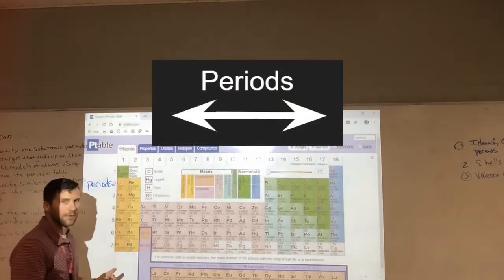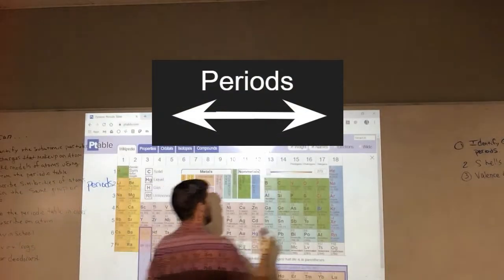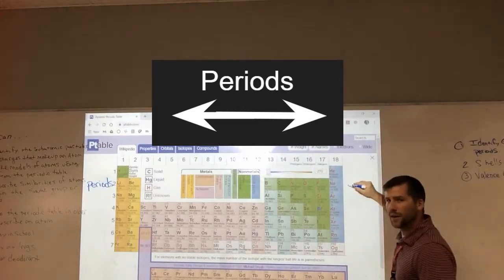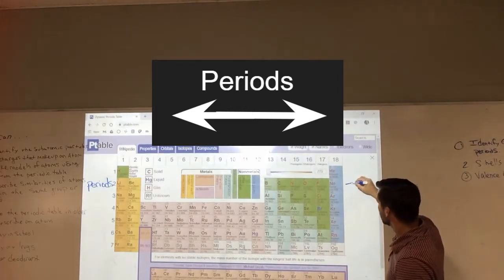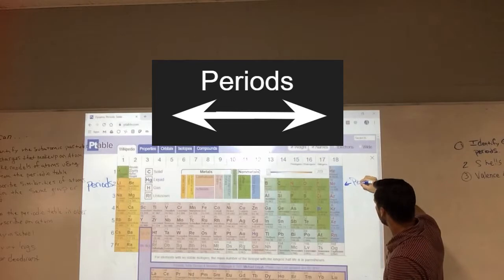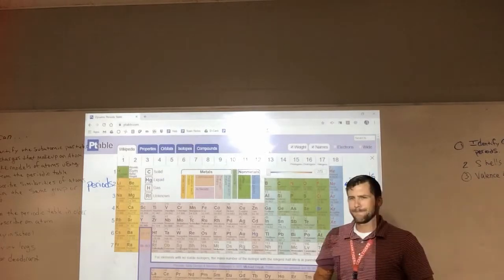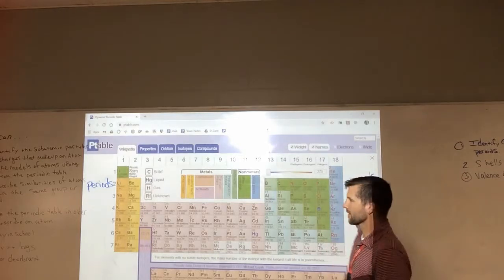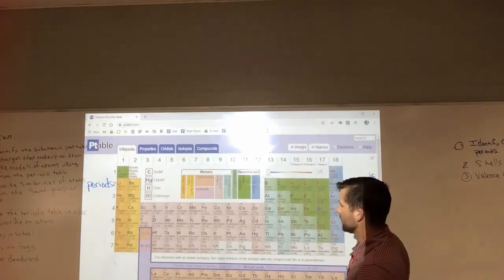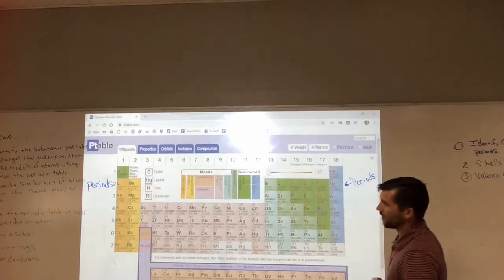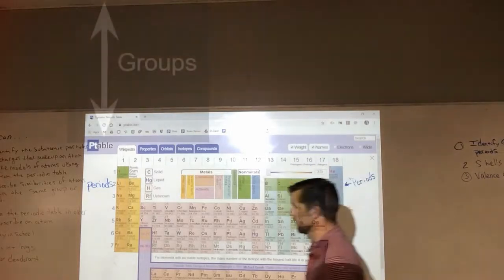If you have a periodic table with you, you might pause this video and label some horizontal rows as periods. The other organization on this periodic table are the vertical columns, and those are called groups or families.